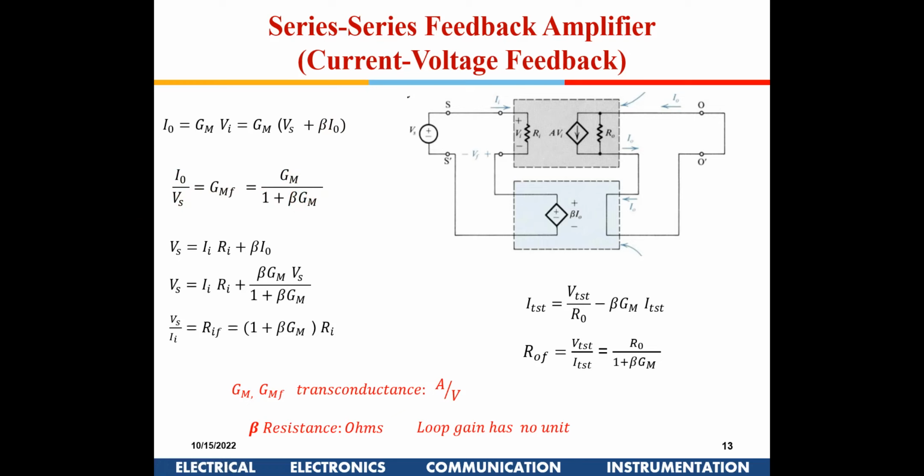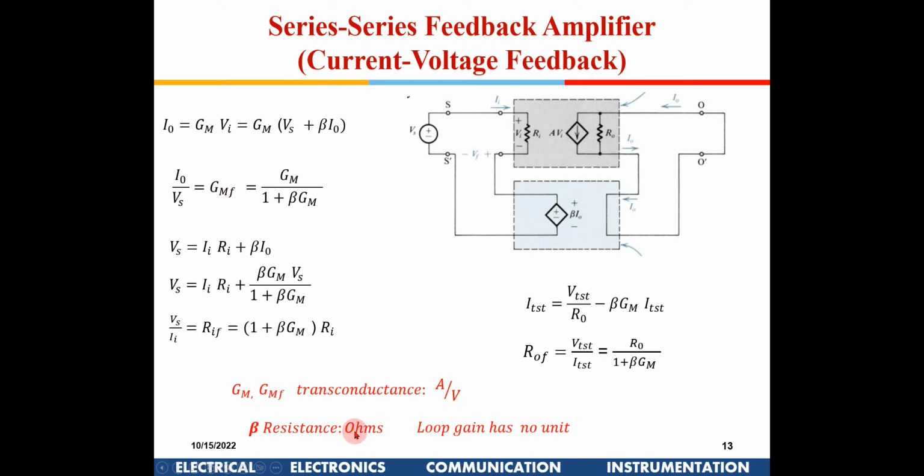Is this okay with all of you? So here, what is the unit of GM? It is ampere by volts, right? Because this is current and this is voltage. So GM will be ampere by volt. And what is the unit of beta? It is converting current into voltage, right?